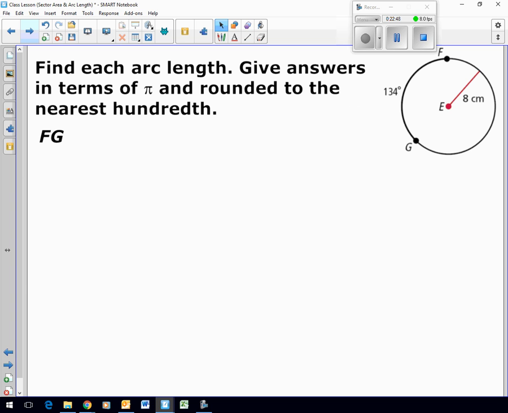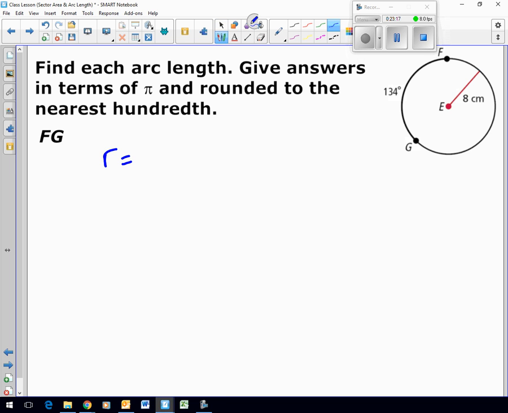So, calculate this one. Okay, I want you guys to calculate this arc length. What's the diameter of this particular circle? 16. What does 8 represent? The radius. Good. So this is the thing you got to look out for on these problems, okay?